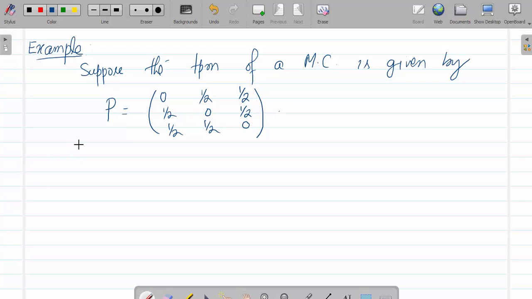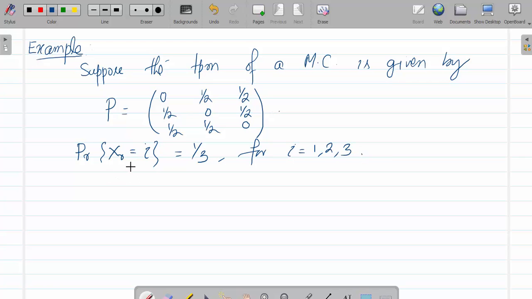Now given probability X0 equal to i, this is equal to 1/3 for i equal to 1, 2, 3.